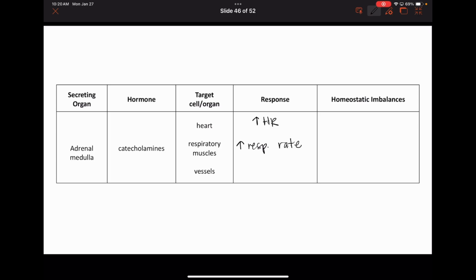And for vessels, we're going to have an increase in blood pressure, by smooth muscle contraction. The smooth muscle layer of your blood vessels will contract, which is going to constrict the blood vessel, increasing blood pressure.